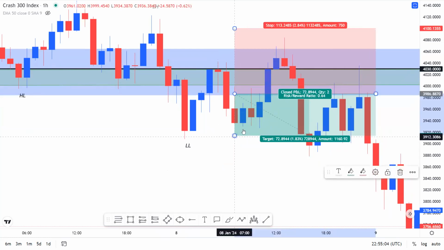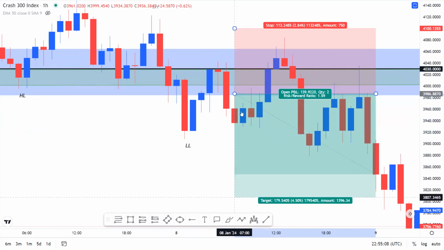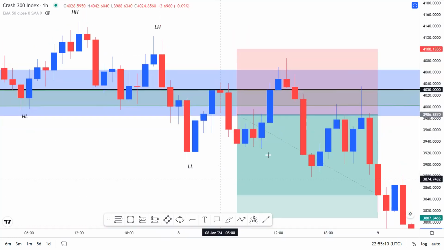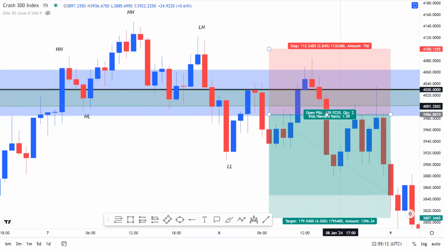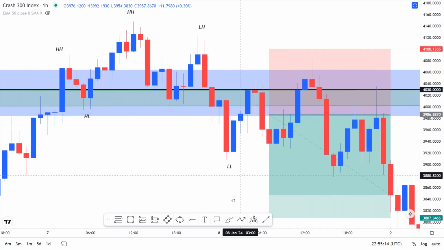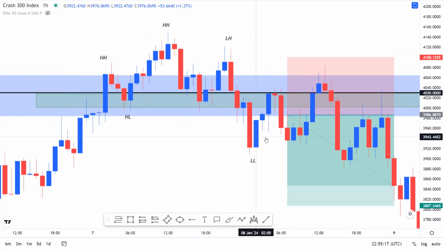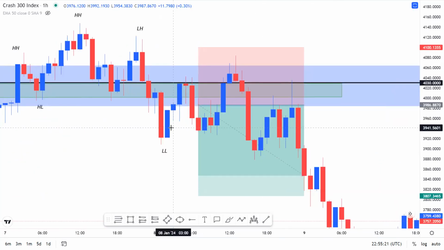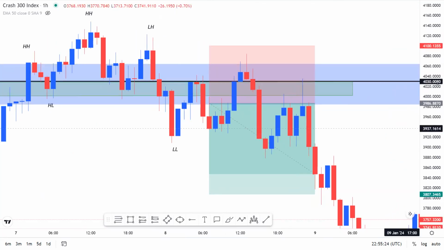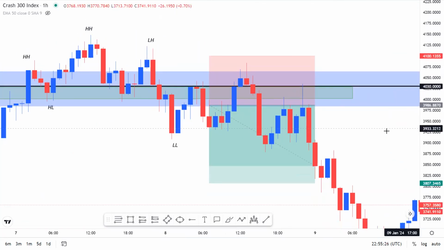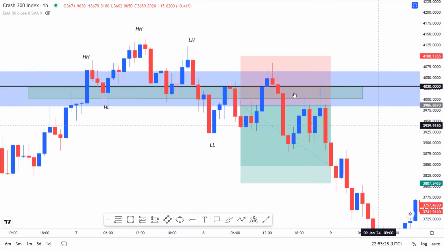And then guys, you had noticed, even though I had a bit of drawdown, right at this very level, price pretty much gave us quite a number of opportunities for re-entries.